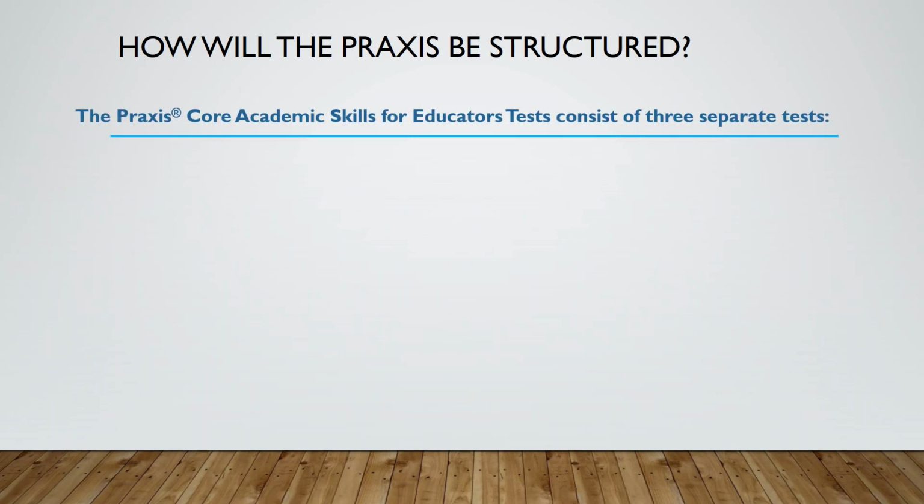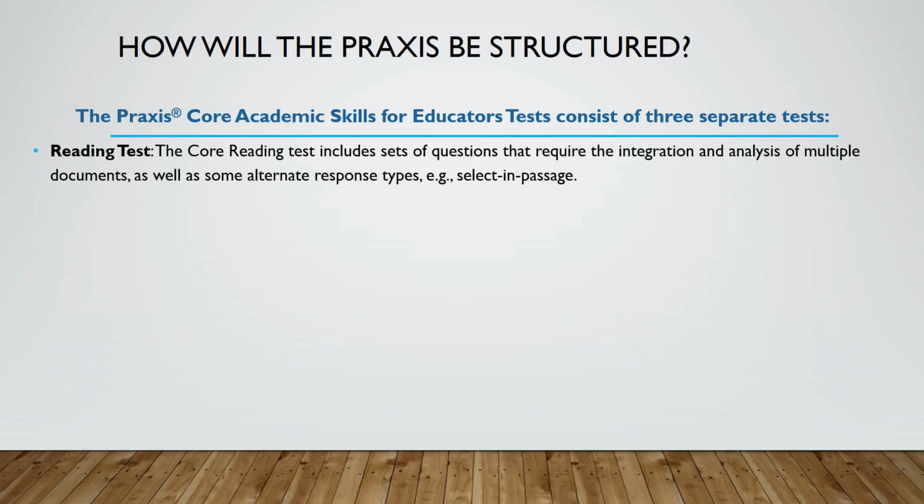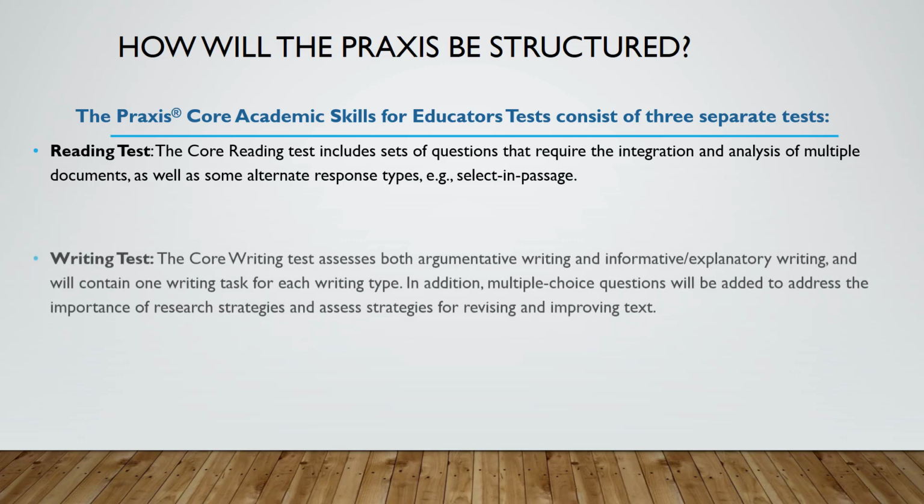How will the Praxis be structured? The Praxis Core Academic Skills Test consists of 3 separate tests. The reading test. The core reading test includes sets of questions that require the integration and analysis of multiple documents, as well as some alternative response types, for example, a select in passage.